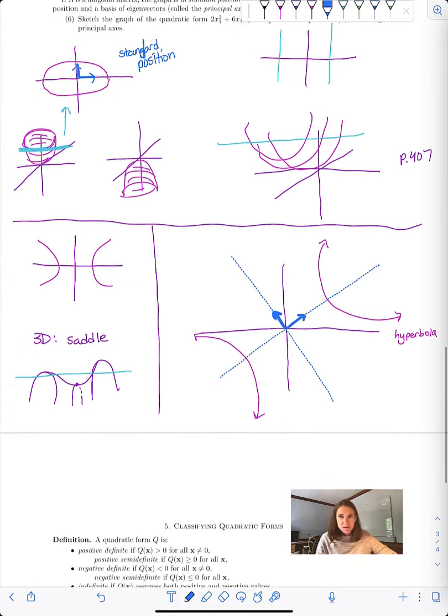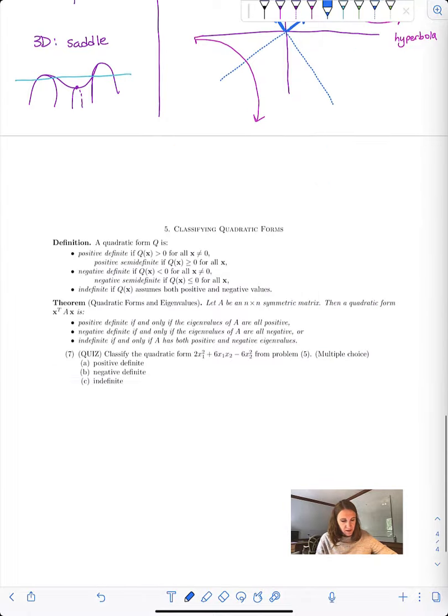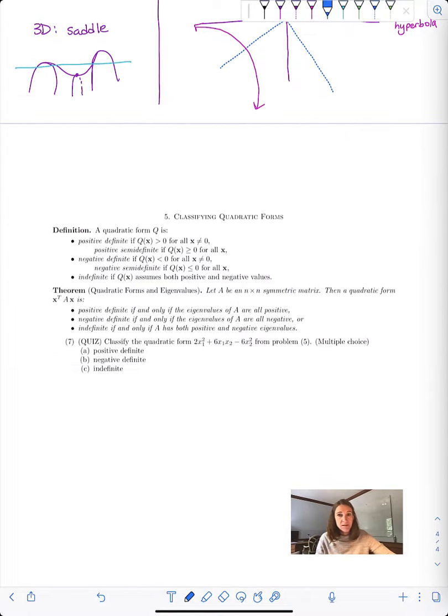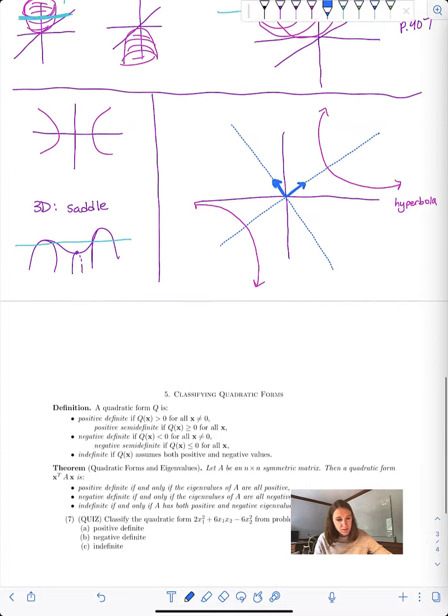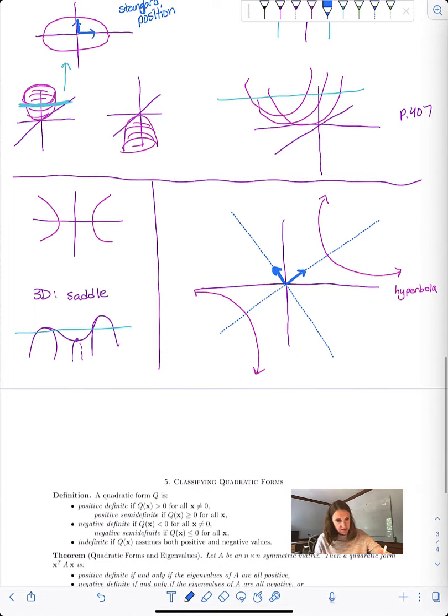Okay, I have one other thing. Now this last little bit, I will hold you responsible for. We have the notion of positive definite, which says that every single value of q of x is positive.